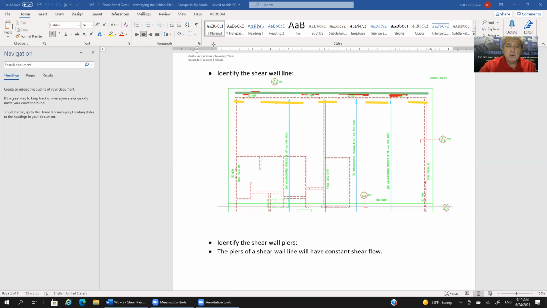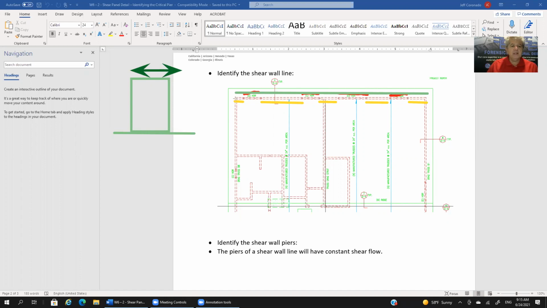Let me see if I can draw here. In theory, if this is the slab on grade, and we have a shear wall pier here, and I'm just looking at one particular pier, we have a rocking force on that pier. If it's resisting an earthquake, it's going to be going back and forth.